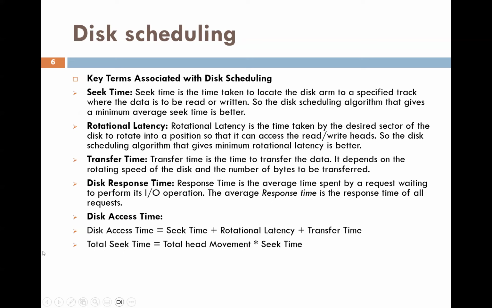Disk access time equals seek time, the time taken to locate the disk arm to the specified track, plus rotational latency, the time taken by the desired sector to rotate into a position so that it can access the read-write head, plus transfer time, which is to actually transfer the data.